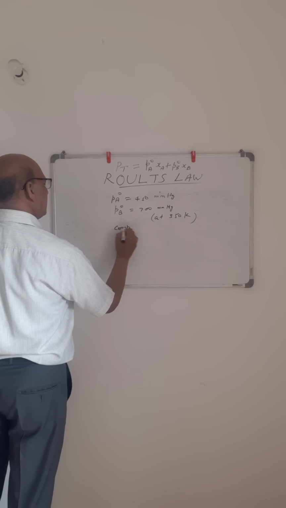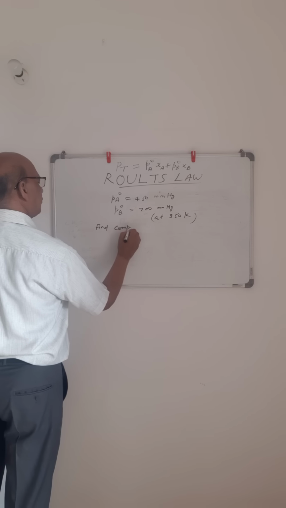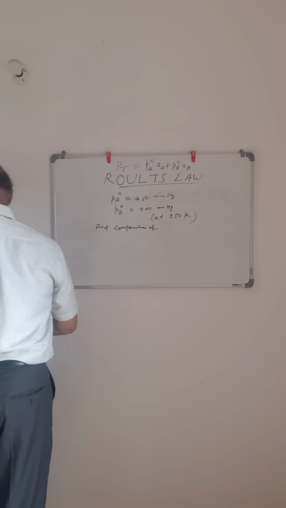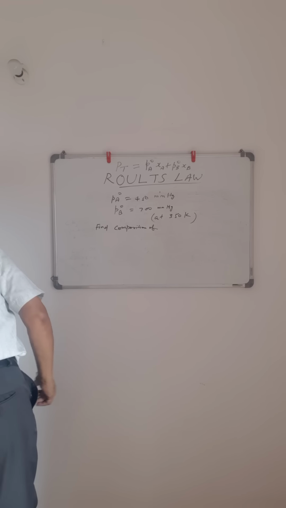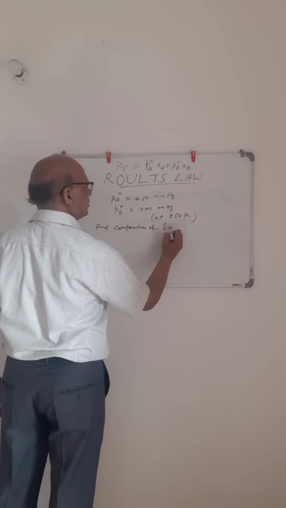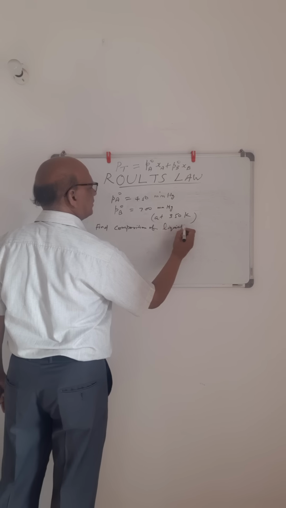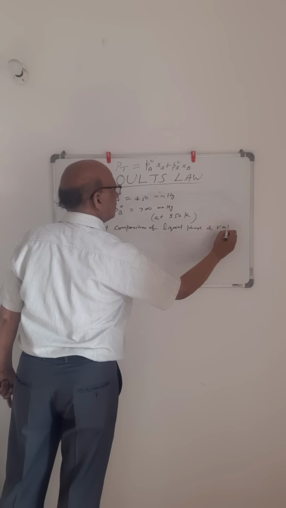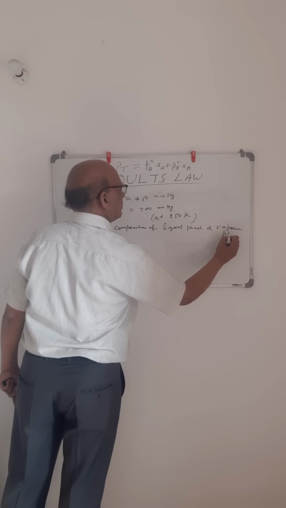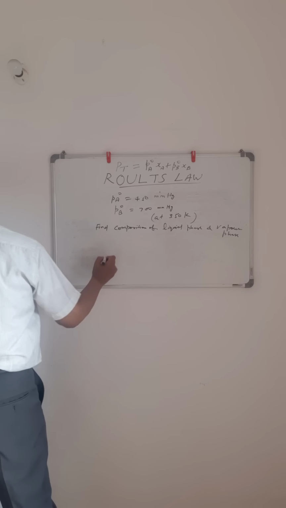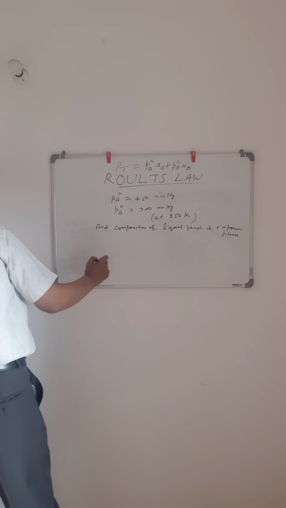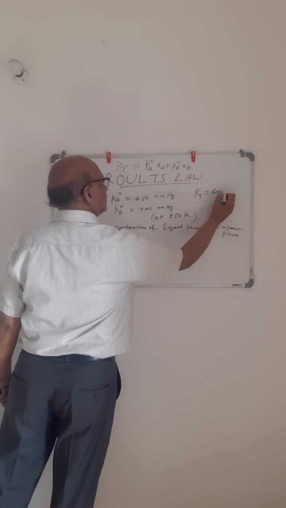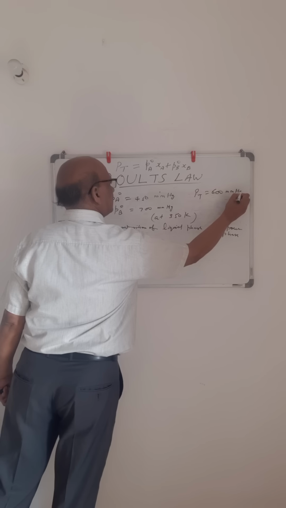What we have to find out is the composition of the liquid phase as well as the vapor phase. And what more we have been given is the total pressure, P total, which is also given as 600 mm of Hg.